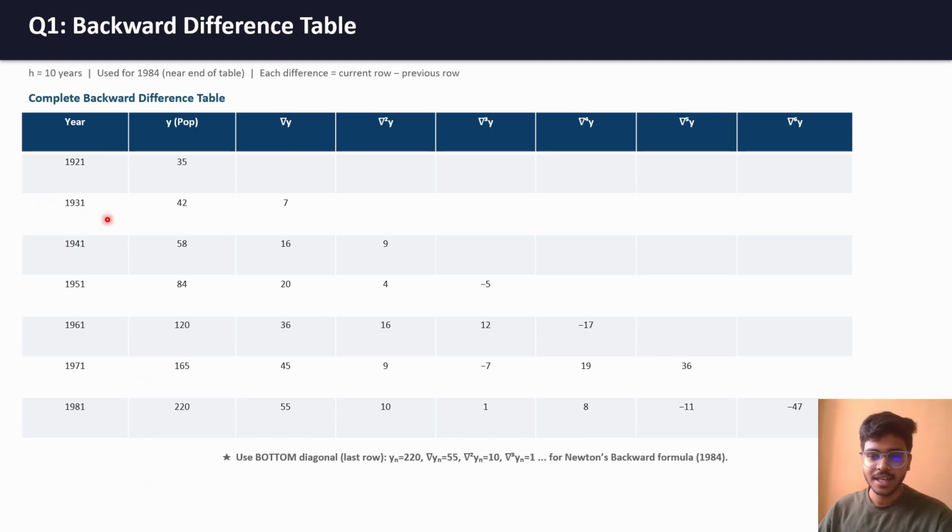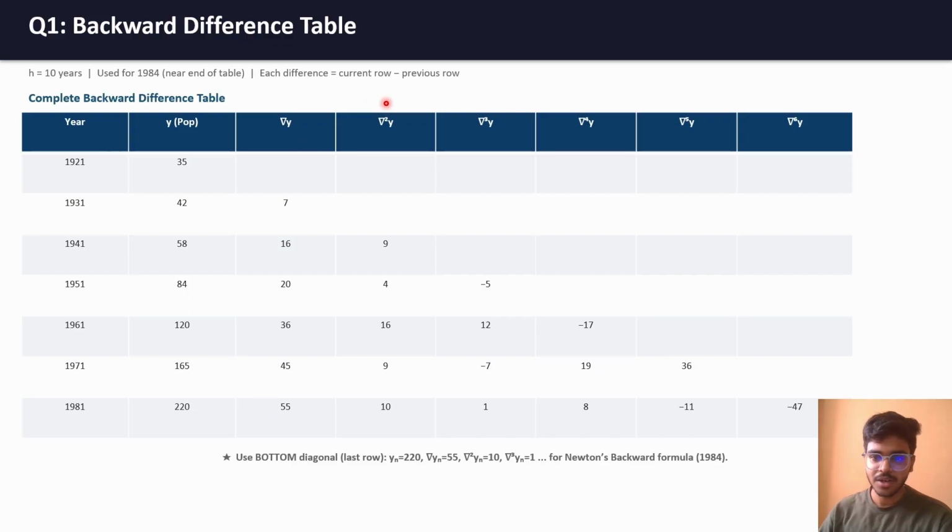So delta y at 1931 equals 42 minus 35 equals 7. Delta y at 1941 equals 58 minus 42, that is 16, and so on, all the way down to delta y at 1981 equals 220 minus 165 equals 55.